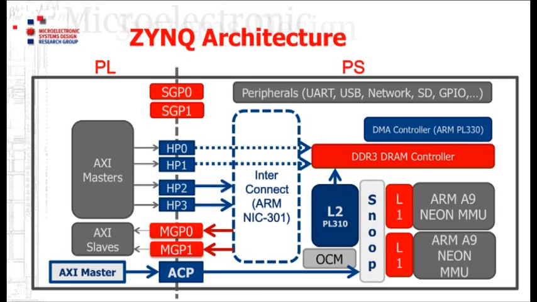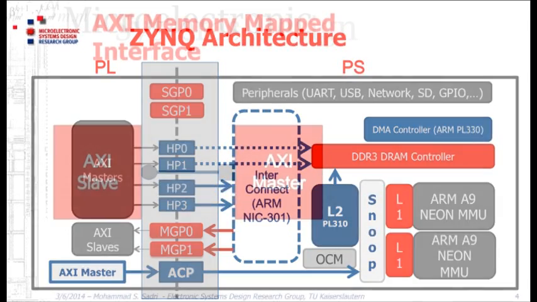And today, what we are going to begin to talk about are these interfaces. In fact, the interfaces which allow you to transfer the data from the FPGA part of the Xilinx ZYNQ device to the CPU part of the Xilinx ZYNQ device, and vice versa.